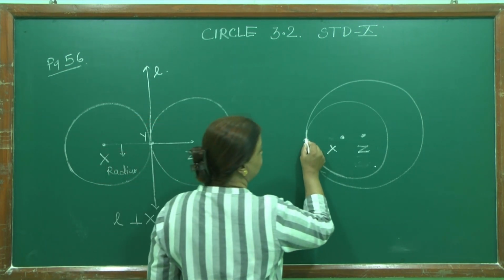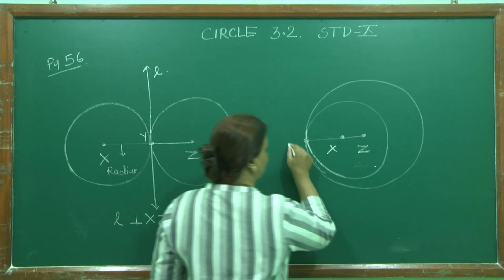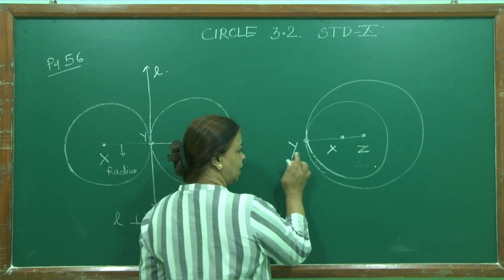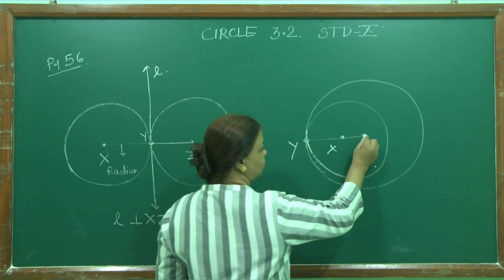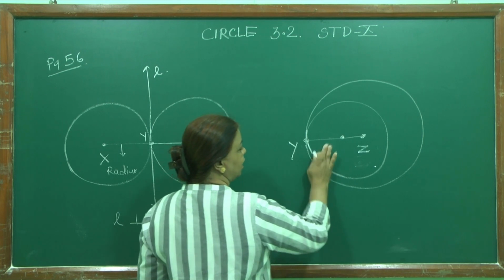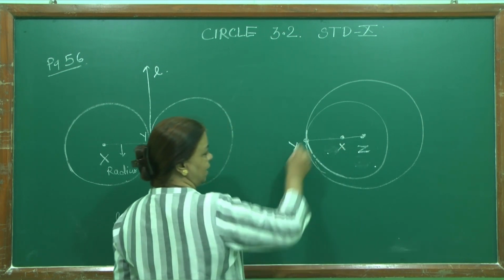The radius of the bigger circle is YZ. Both the circles are touching at one point, that is Y, and the radius of the bigger circle is YZ, and the radius of the smaller circle is XY.